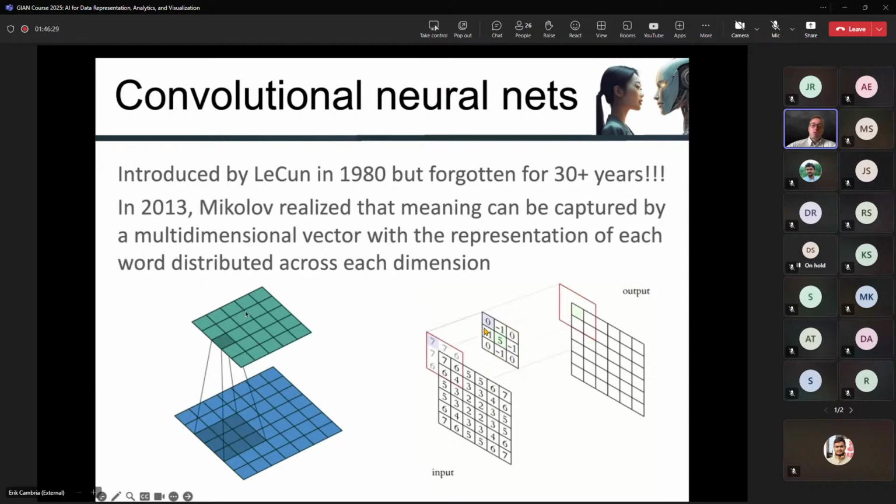So you see here in the green part of the image, we are trying to encode a representation of each pixel based on the nearest neighbors of that pixel in the original image.